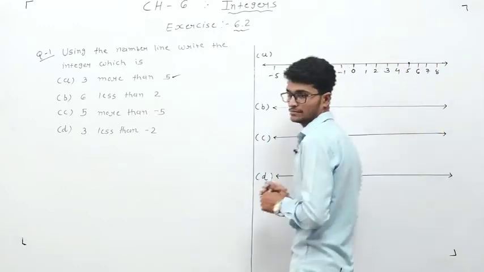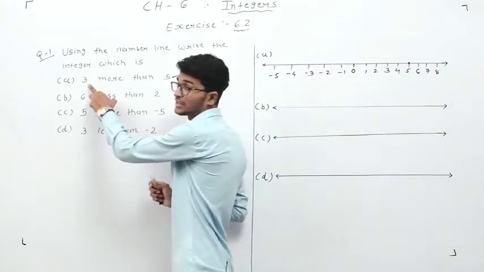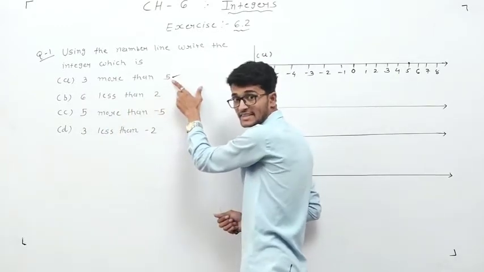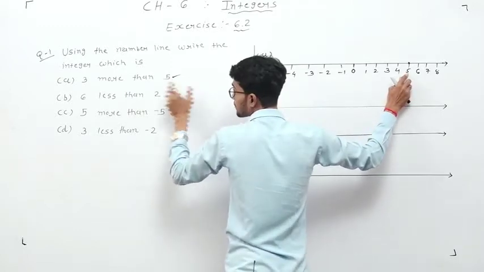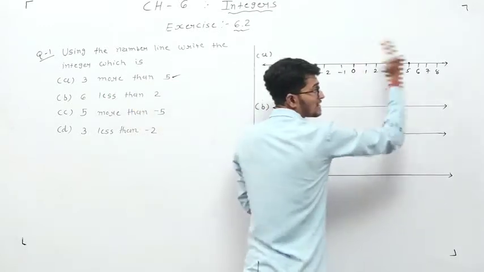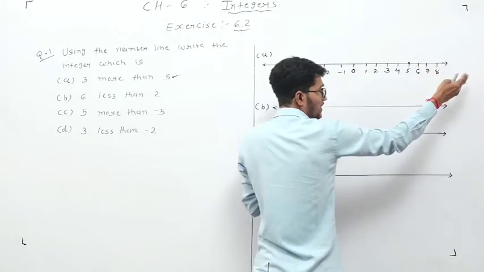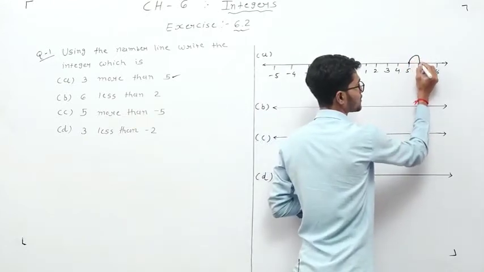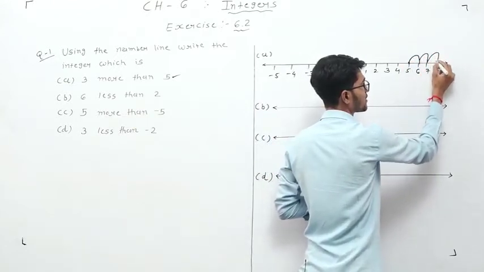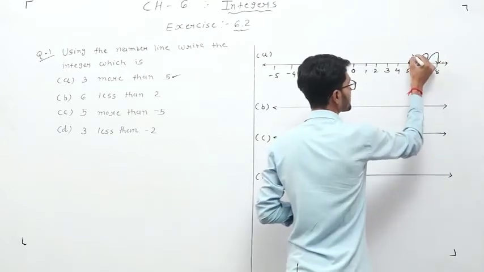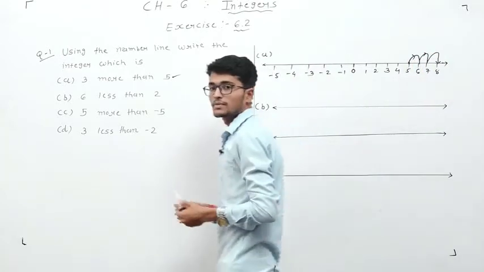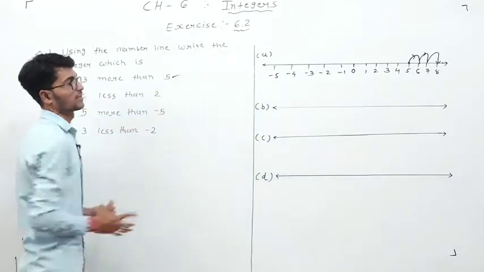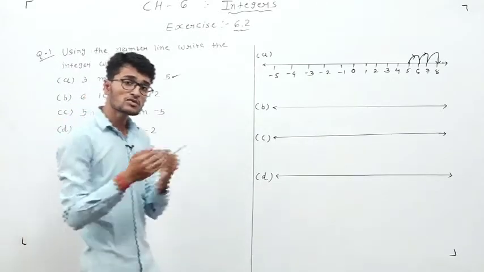But how many steps? 3. So from 5, first step, second step and third step. Our answer is 8, right? So the first question answer is 8. Clear?